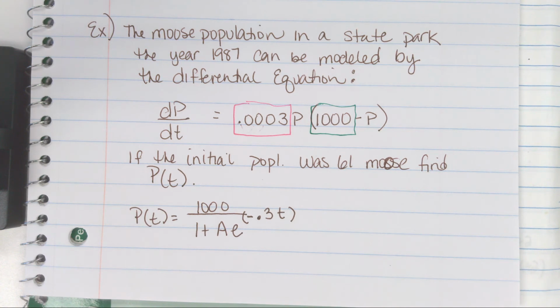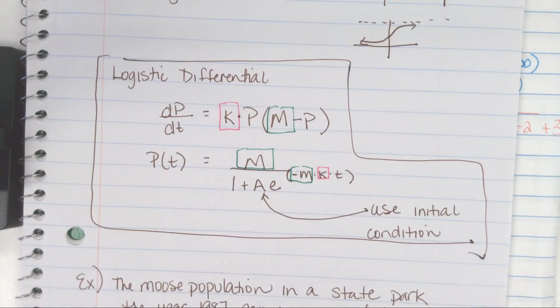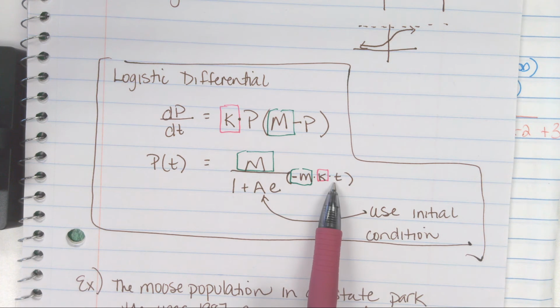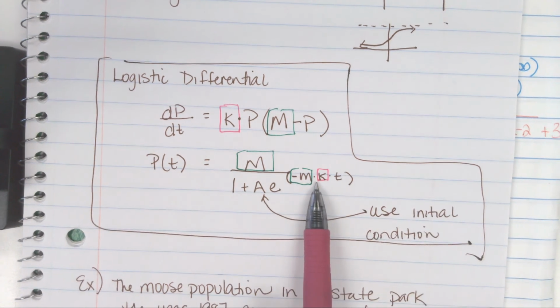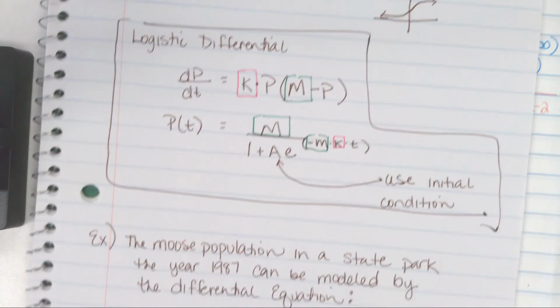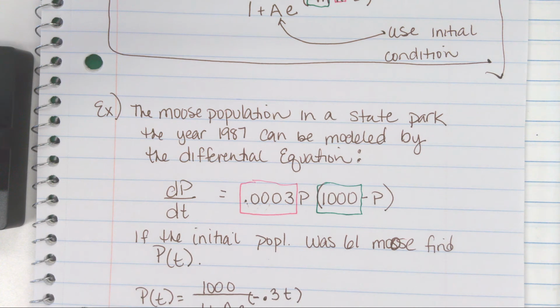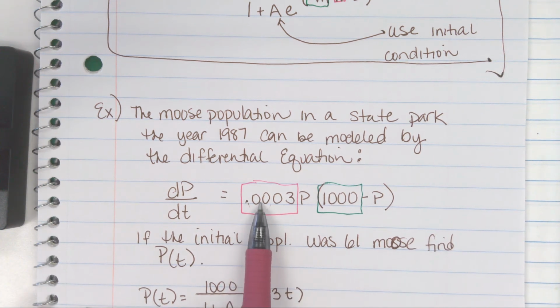Once you're done with that, you would use the initial population to generate an equation to solve for A. In this equation it is negative M times k times t, so negative 1000 times 0.0003 is negative 0.3. Can't you just move the decimal over 3 places? 1, 2, 3.